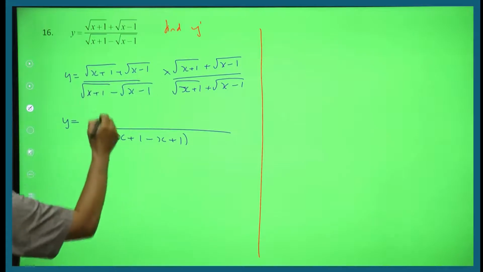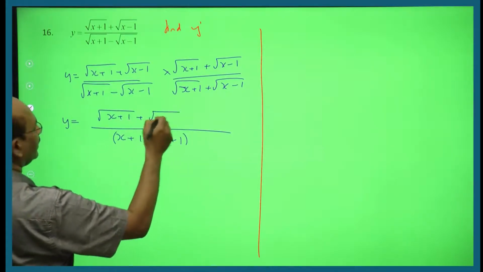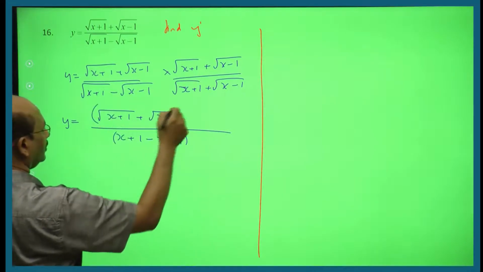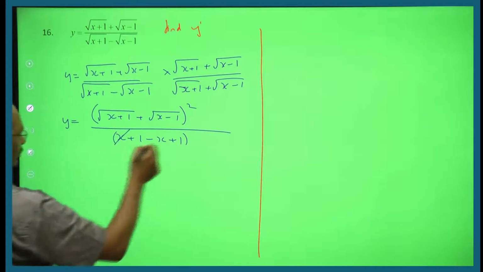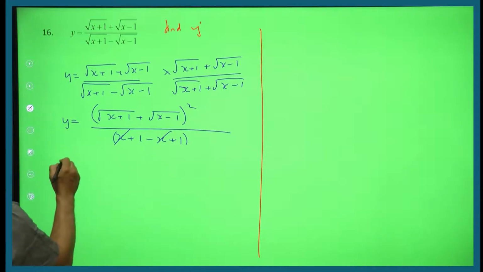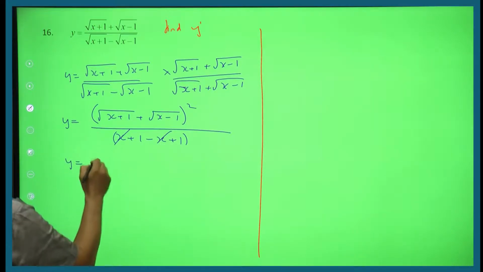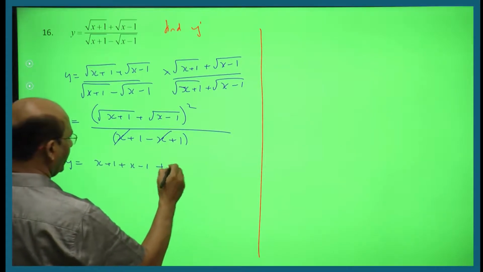I am not talking about derivative in any way. Now do the simplification, because I told you first simplify this out. The x's get cancelled, now it becomes a little bit easier. So y will be equal to a square plus b square plus 2ab.